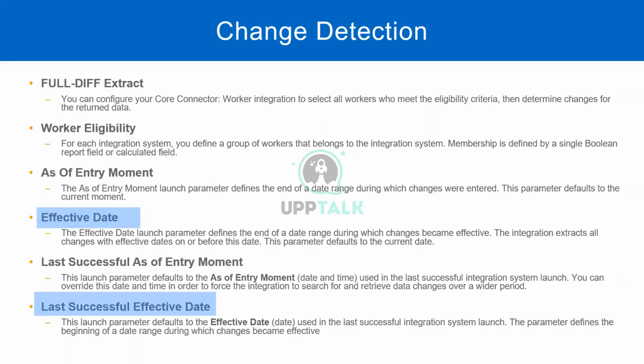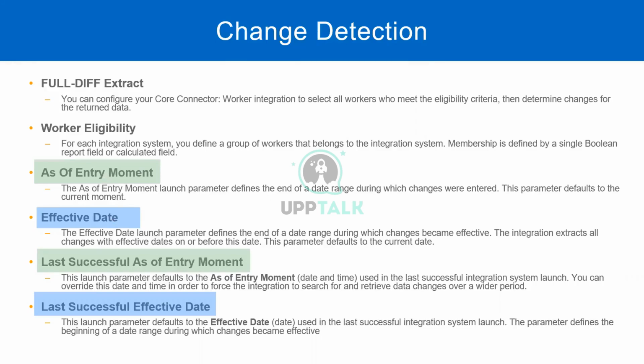Right. So we agreed that if it is a future effective date, it might not be included in the current run. That is what the effective date is all about. But there is a difference between as of entry moment and the effective date.